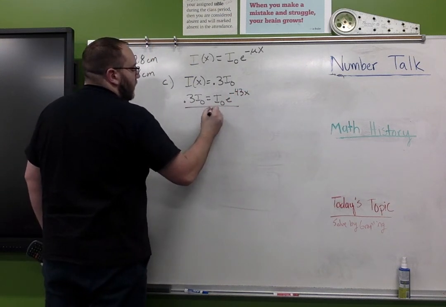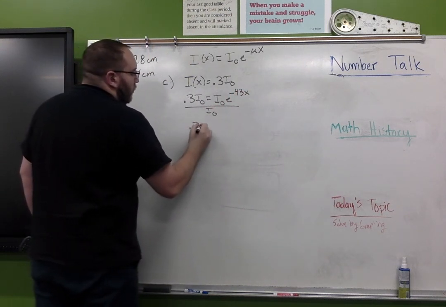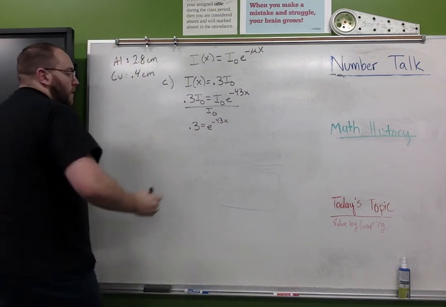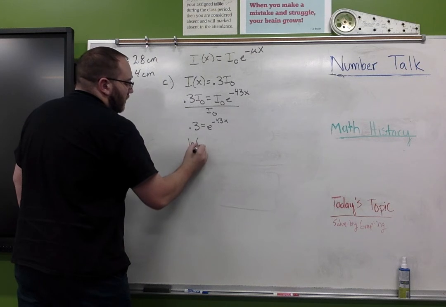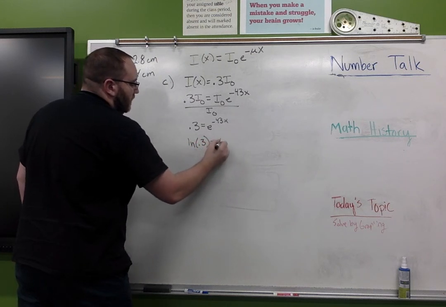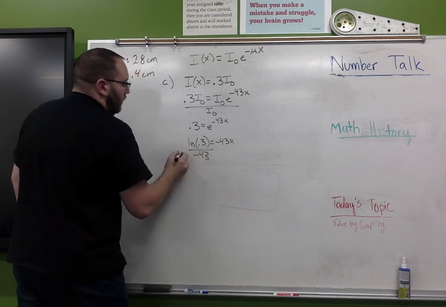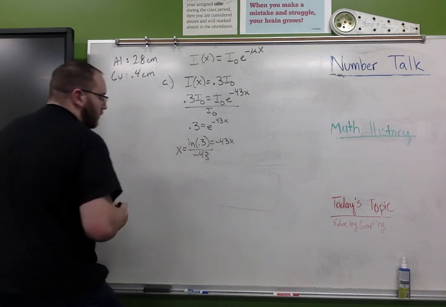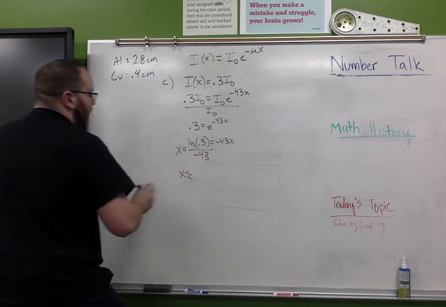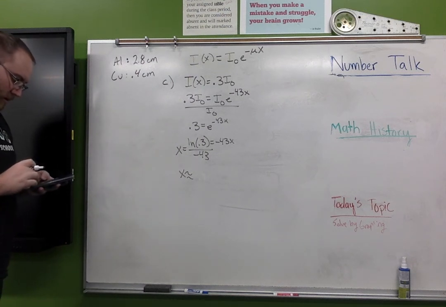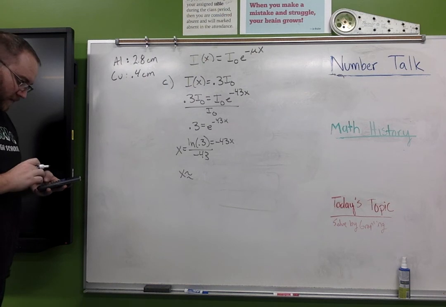Divide everything by I naught. 0.3 is equal to e to the negative 43x. Convert, so natural log of 0.3 is equal to negative 43x. Divide by negative 43, and that's what x equals.